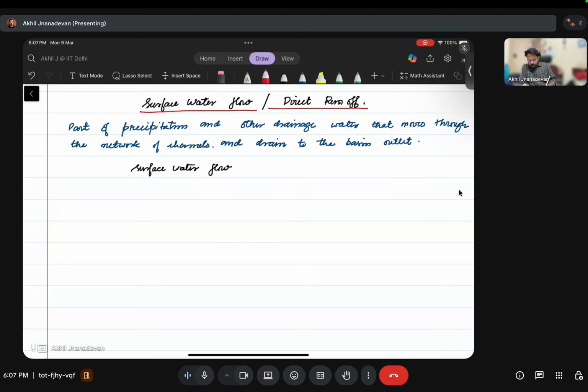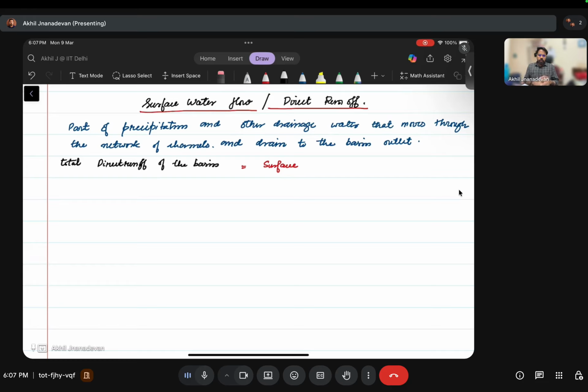Basically, this is a combination, and the surface flow, or surface water flow, we can say is the total direct runoff of the basin.